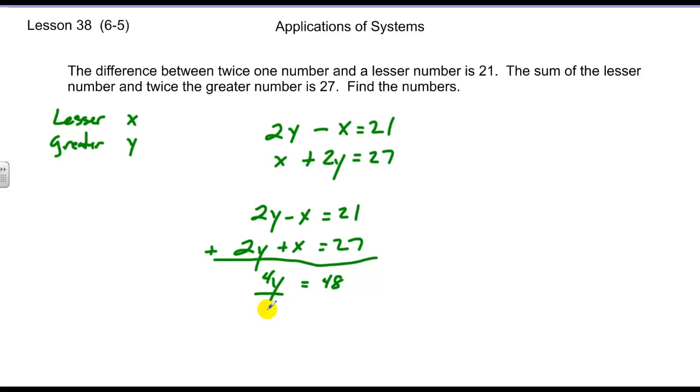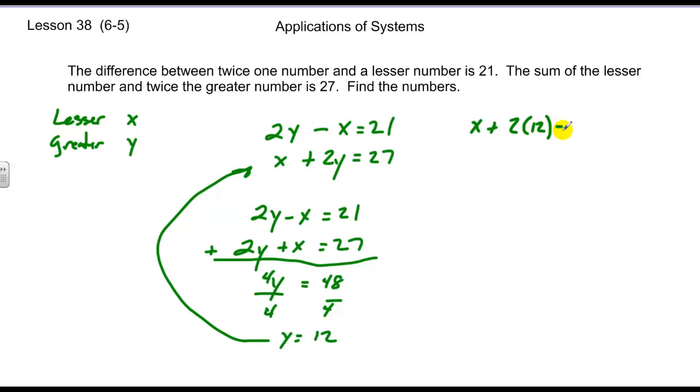Divide both sides by 4, and I get y is equal to 12. Plugging back into one of these two equations, I get x plus 2 times 12 is equal to 27. It's 24 plus x is equal to 27. Subtract 24 from both sides, and I get 3 is equal to x. So that's my lesser number. My greater number is 12.